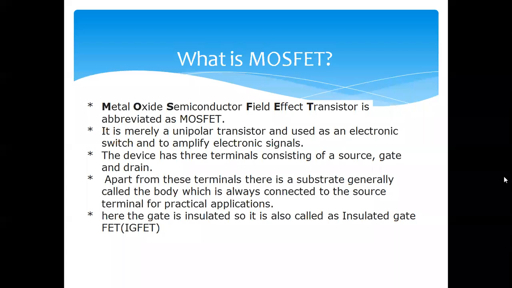Then talking about input impedance, BJT has a low input impedance, whereas MOSFET has high input impedance. Talking about switching frequency, BJT has low switching frequency, whereas MOSFET has high switching frequency. So basically these are the major points that you can differentiate between BJT and MOSFET.